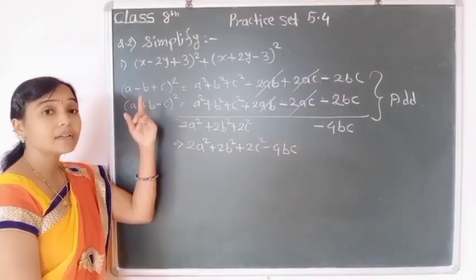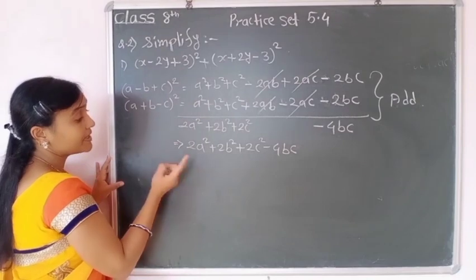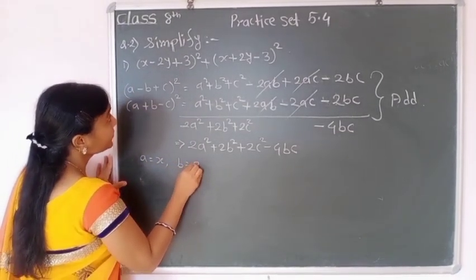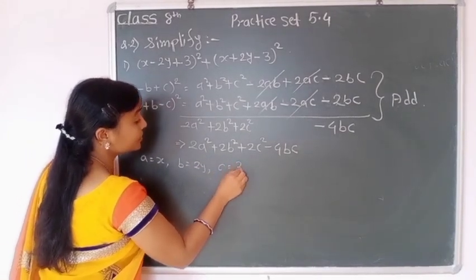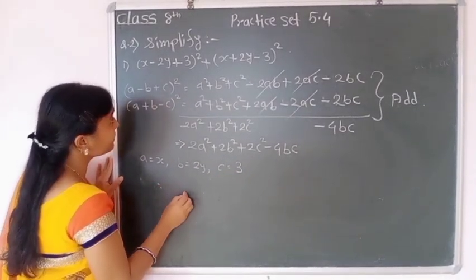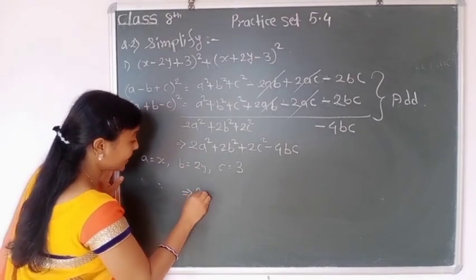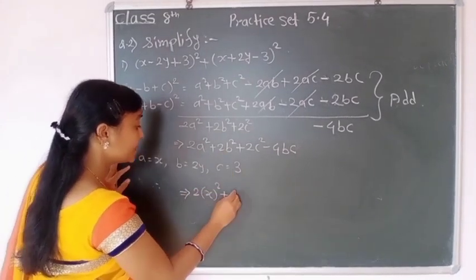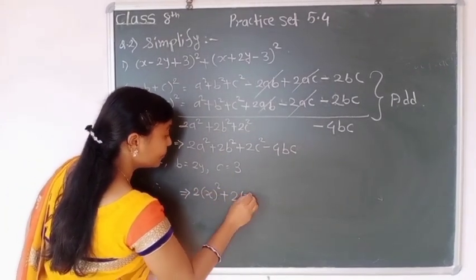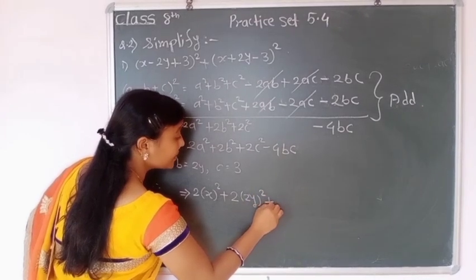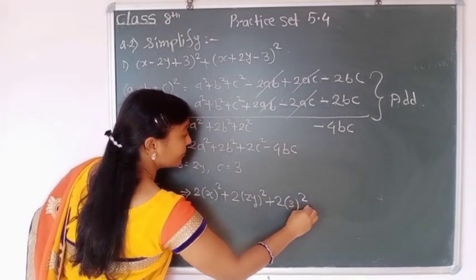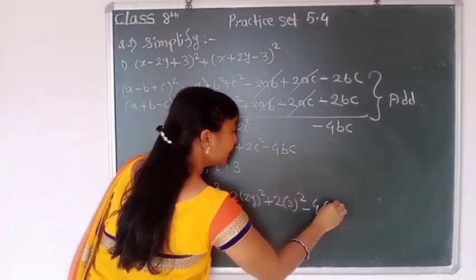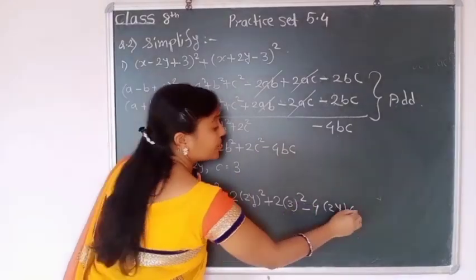And then you compare this. What is the ABC? Our a is equal to x, b is equal to 2y and c is equal to 3. Then what is the answer? Our answer is twice x square plus twice b square, twice 2y bracket square, plus twice c square minus 4b into c. b is 2y, into c, c means 3.